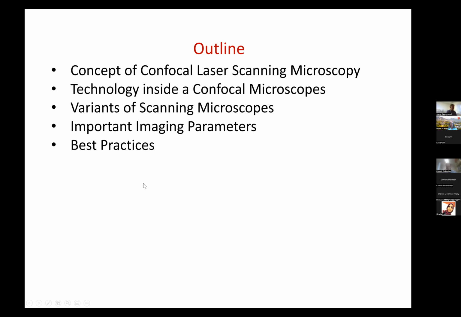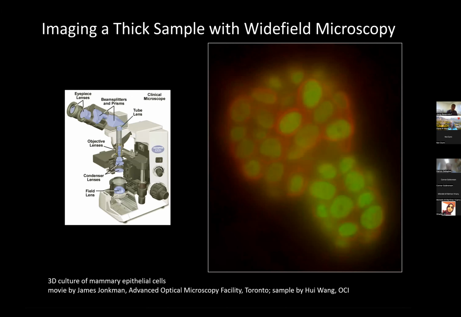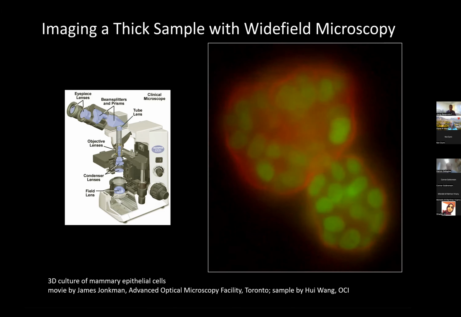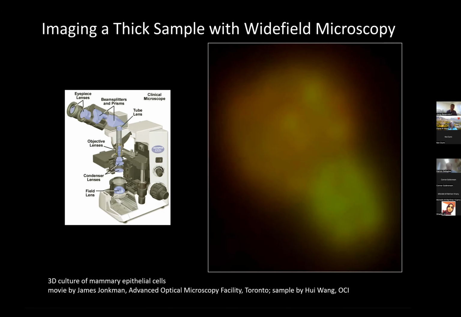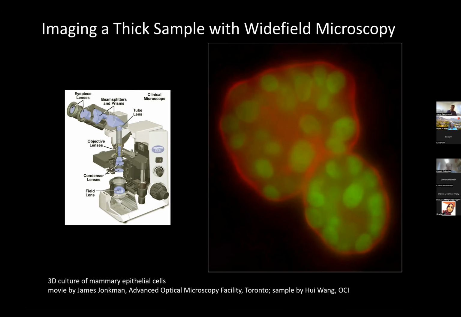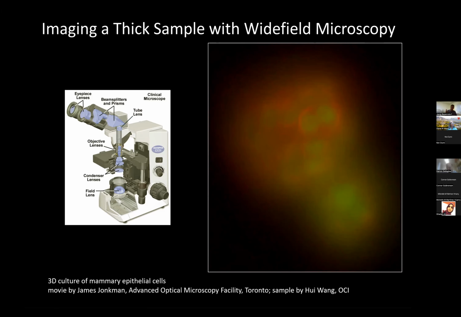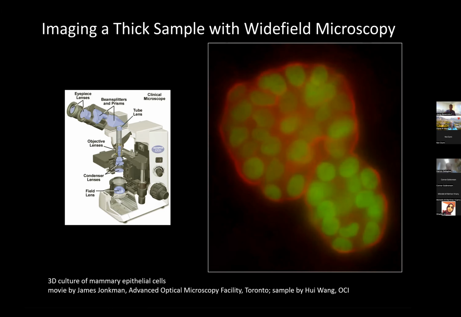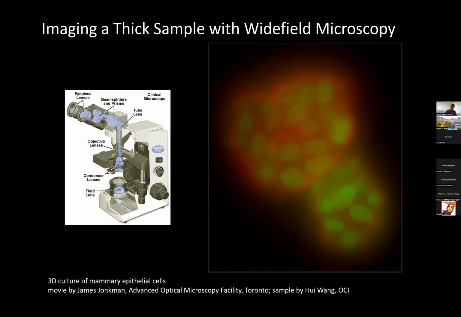So now starting my actual lecture. What you see here is the motivation for confocal microscopy. This is a thick sample, a 3D culture of mammary epithelial cells, imaged not with a confocal microscope, but with a normal wide field microscope. So a camera-based system with a lamp illumination or an LED illumination. And this is a 3D stack where we look at the different sections of that 3D stack in this movie. You see nicely the nucleus and the individual cells, but you also see a lot of haze.